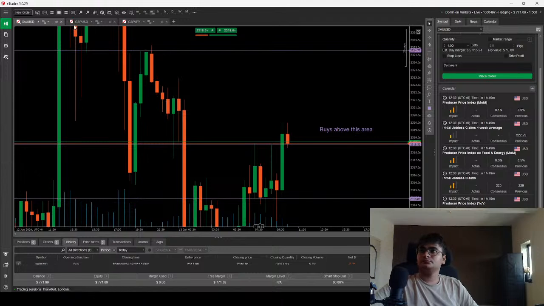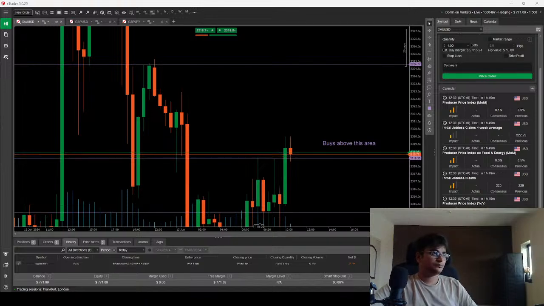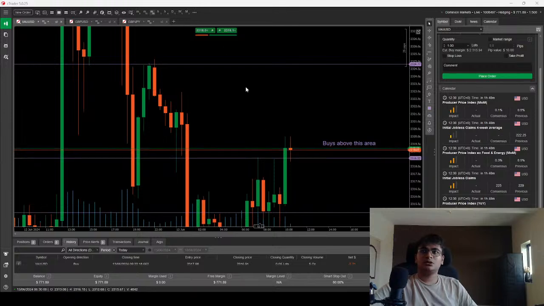But it depends on the scenario. Okay, I think I'll execute the buy once the candle is flipped. Once I see any bullish candle.